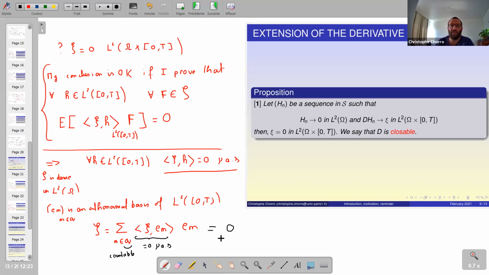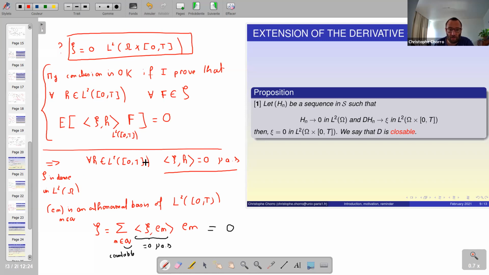That is to say that in order to prove my conclusion in this proposition, I have simply to prove that for any F in S and any H in L2 of 0 capital T, the expectation of this product is equal to 0.